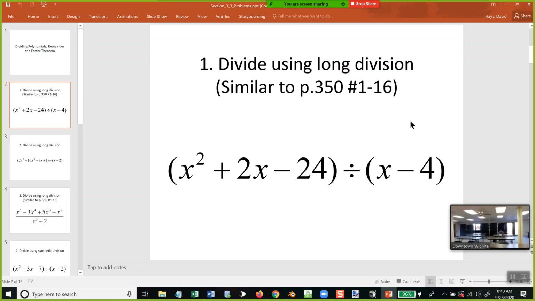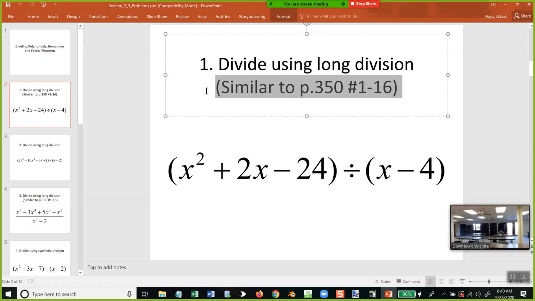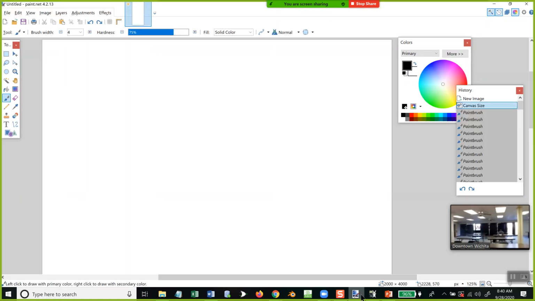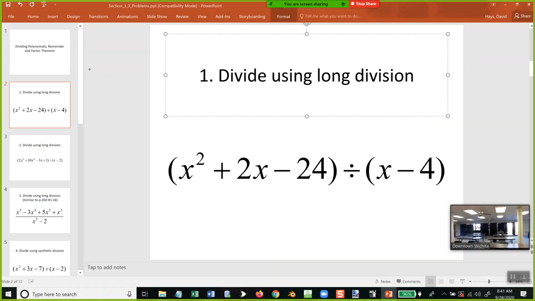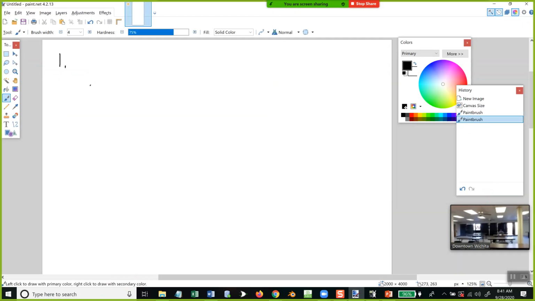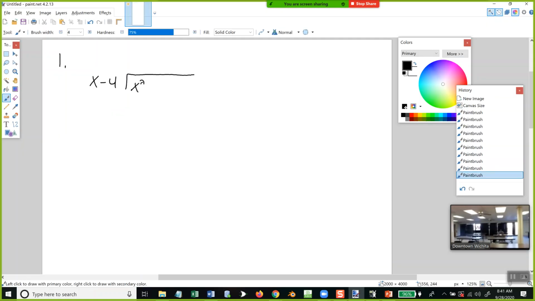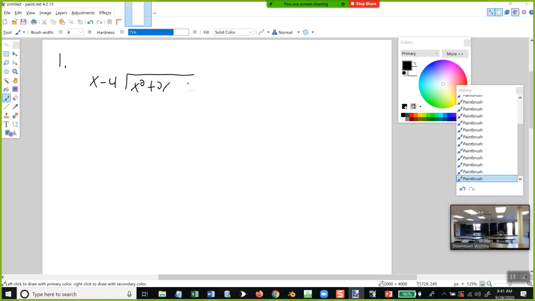And let's take a look at our first problem. Most of this should just be review. Let's see, x minus 4, x squared plus 2x minus 24.